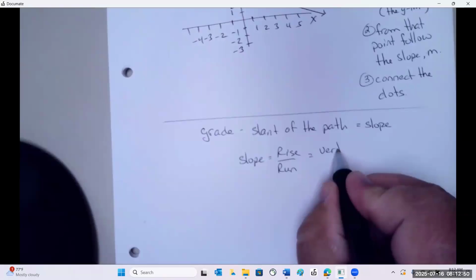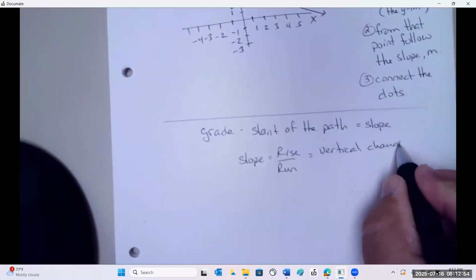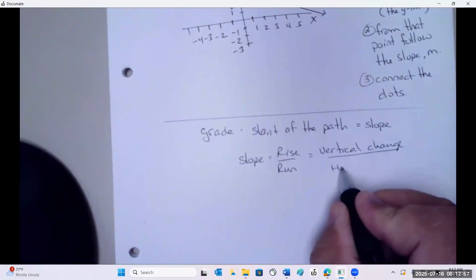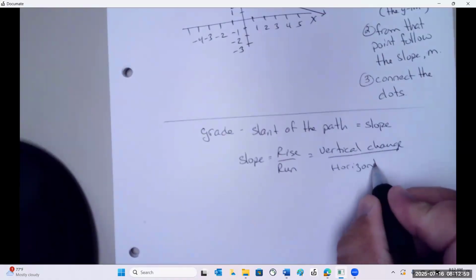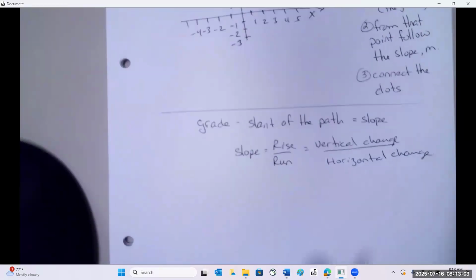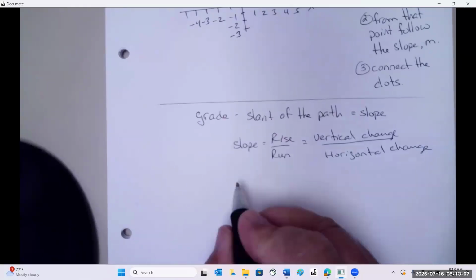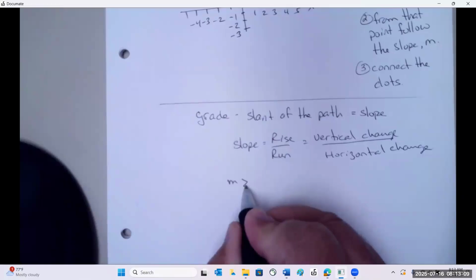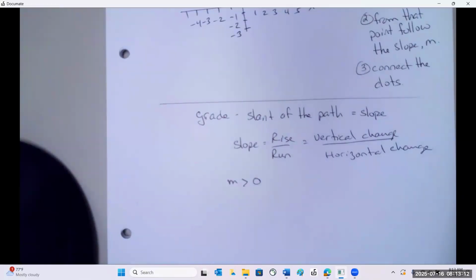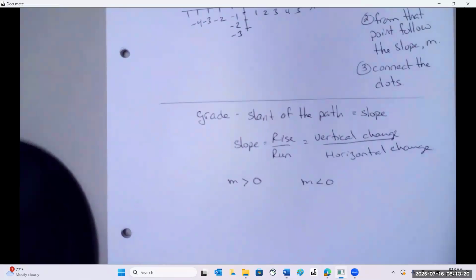And so it's the vertical change over horizontal change. If the slope is positive, what does that mean? It's going up from left to right. If the slope is negative, it's going down.